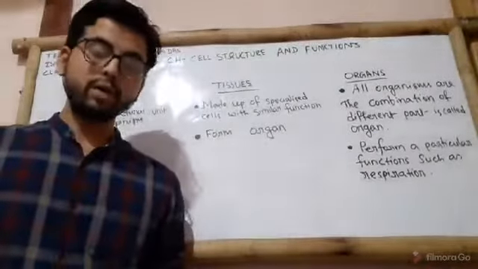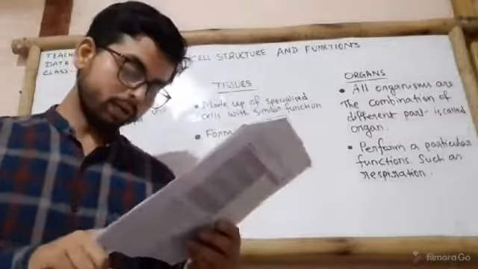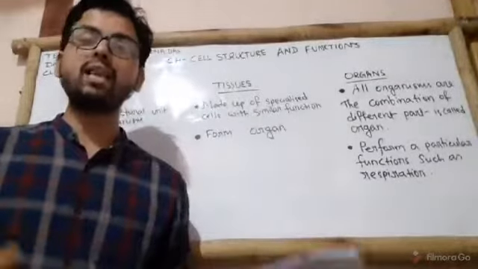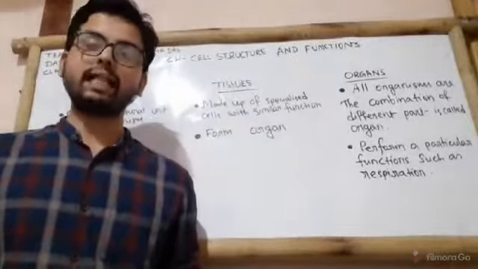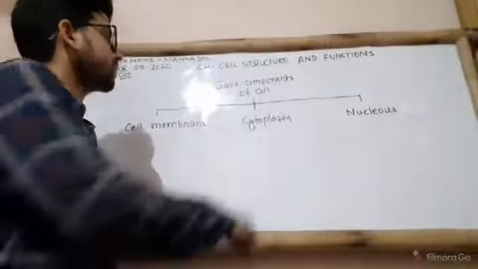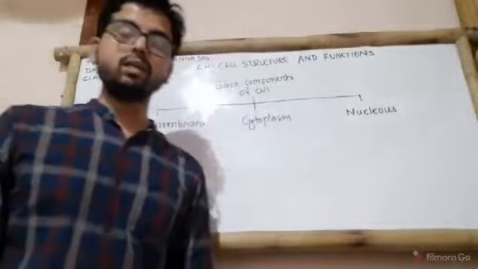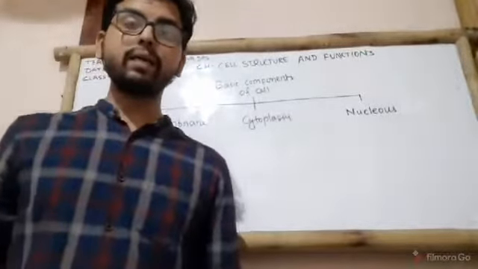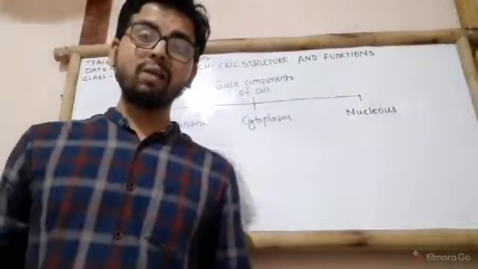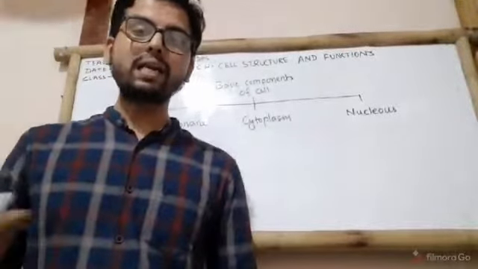Now I am going to discuss the various parts of the cell, or basic components of cells. Students, the basic components of cells are the cell membrane, cytoplasm and nucleus. Now what is the function of the cell membrane? It helps to separate cells from one another.